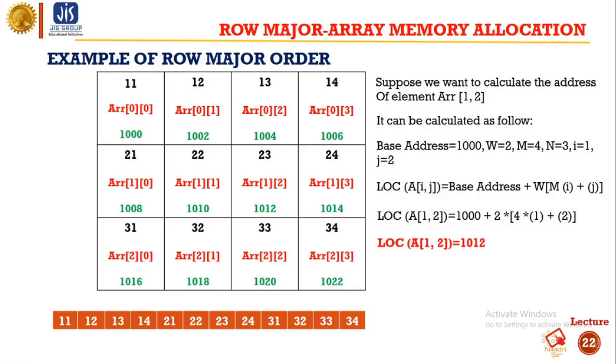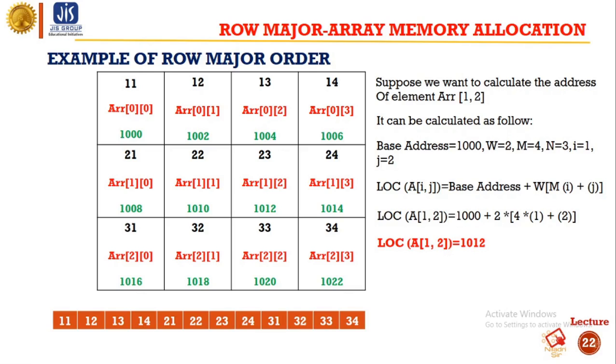M is 4, that means the number of columns here is 4, and N is 3 means the number of rows is 3. I is 1, J is 2. Okay, that means we have to find out the value of ARR12. So if we relate it with ARR[I][J], then the value of I will be 1 and the value of J will be 2.